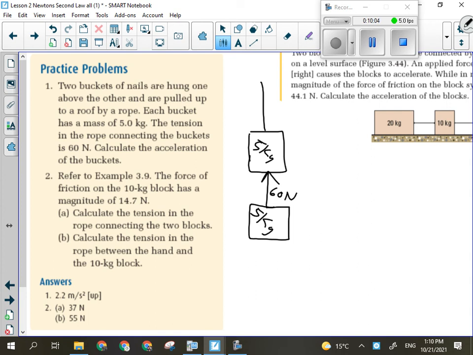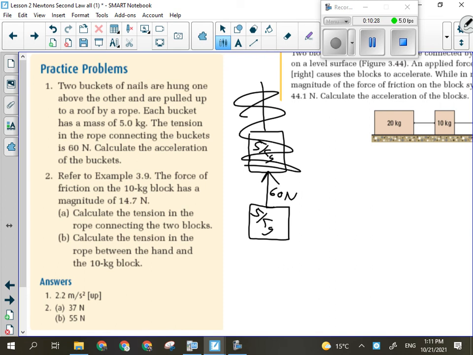So what I'm going to do is ignore the top bucket, because I don't know how much force is being used on the top bucket. I could assume it's 120 newtons, but I'm not going to. I don't have to. It's dangerous to make assumptions. We could be wrong, so we don't want to do that. What we do know for sure is there's 60 newtons of force pulling up on the bottom bucket.